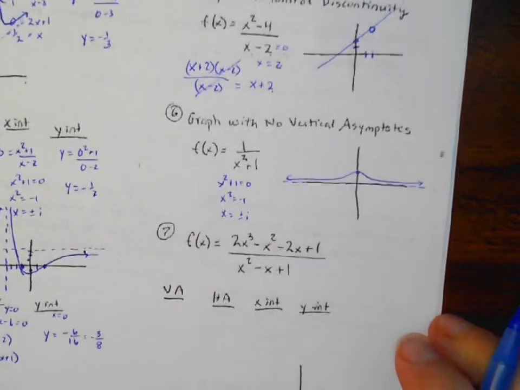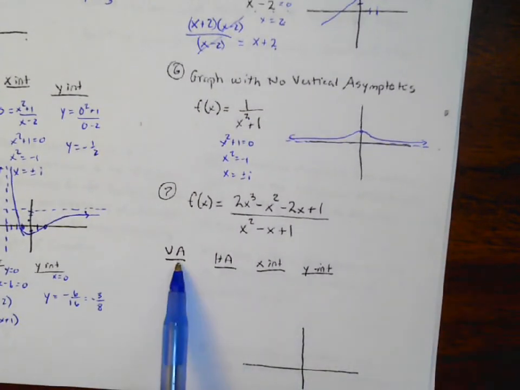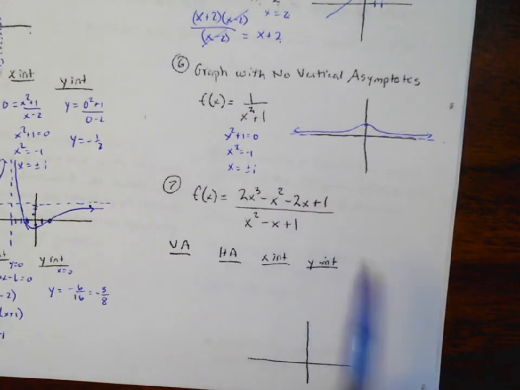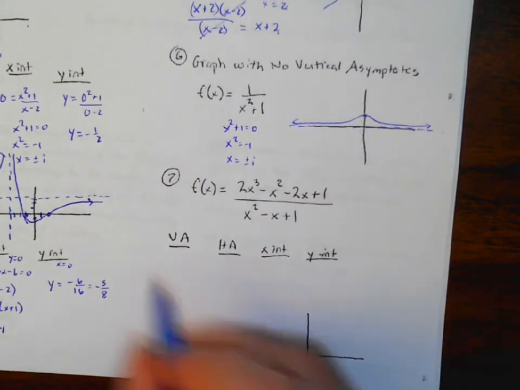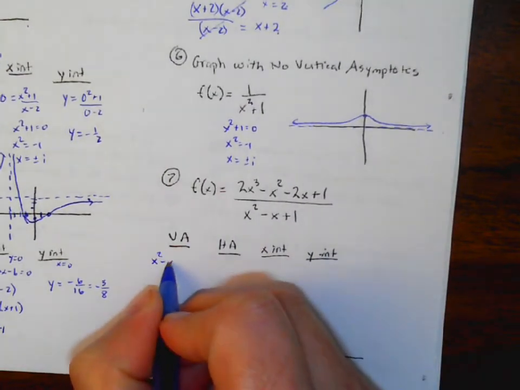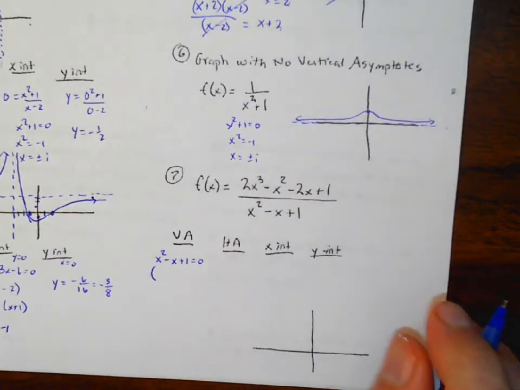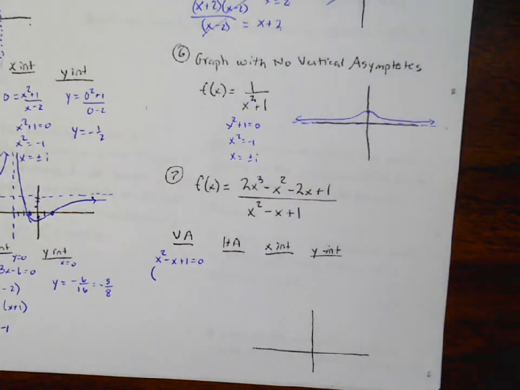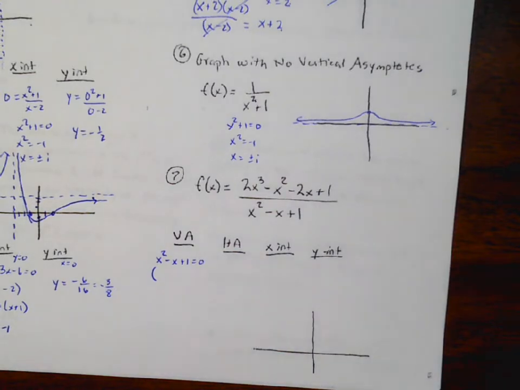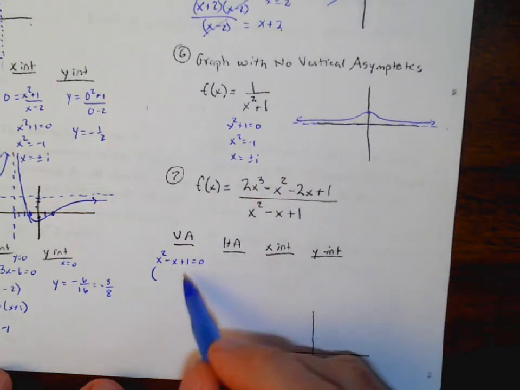Okay, and the very last one here, we'll do one more. Looks complicated, doesn't it? Okay, so for the vertical asymptote, remember we set the bottom equal to 0. When I set that equal to 0, it doesn't factor.